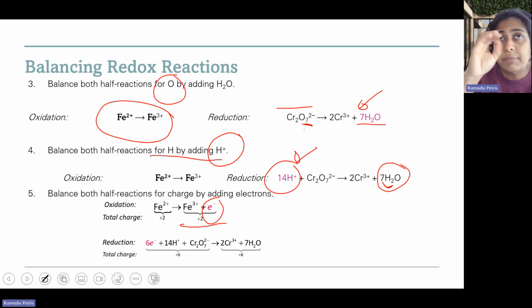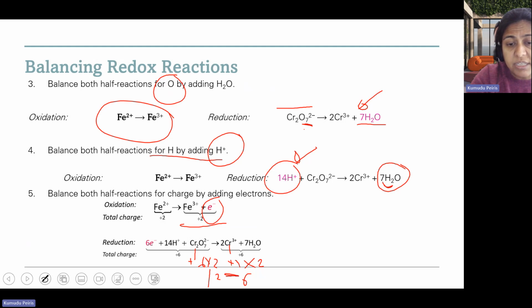In the reduction, by its definition, it should gain electrons. The difference for the chromium: here we have +6, here we have +3. You can multiply by 2 since there are two of those, so the difference is like 12 and 6.